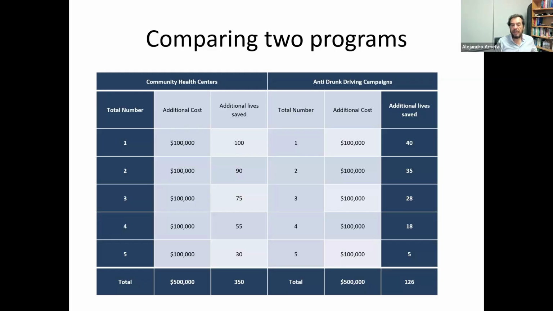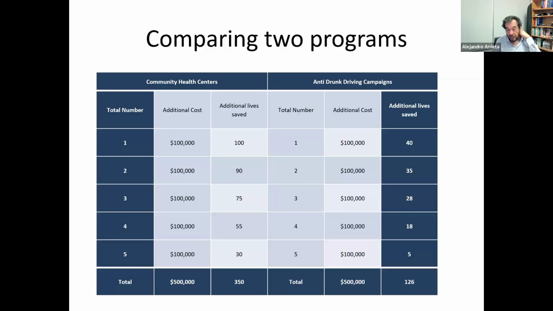Let's assume it costs the same, but it saves only 40 lives compared to 100 lives. Now, if you do a second, it saves only 35. That second campaign will save 35, so in total, 75. If you do the third, then it's 28 lives, and so on.